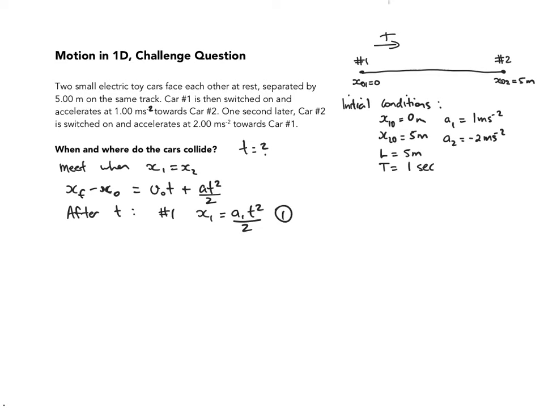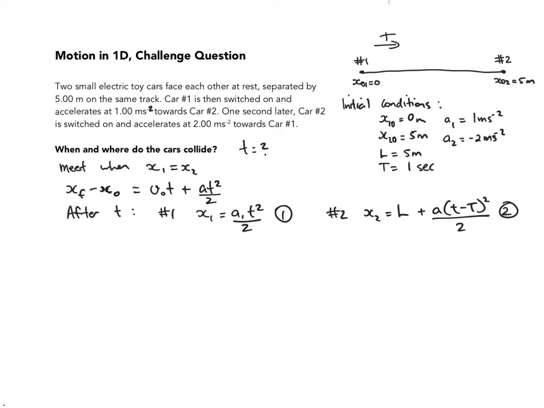That's equation 1. For car number 2, however, we have to include a delay. So there is some initial velocity after a given time. So we have x2 is equal to capital L. So this distance. Remember, this is an initial distance that the other car has travelled, plus a2. We also have to include the time delay here in our time part of the equation.